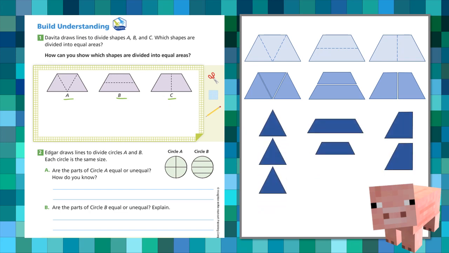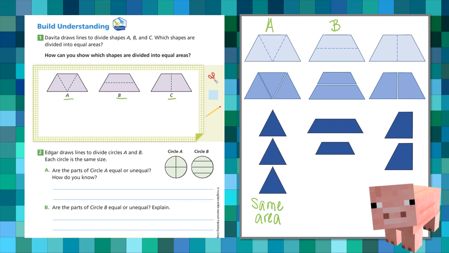For trapezoid A, I found out that all the triangles have the same area. And how do you know they have the same area? Because they're all the same size. Awesome. So same area for each of the 3 parts for trapezoid A. What about trapezoid B?